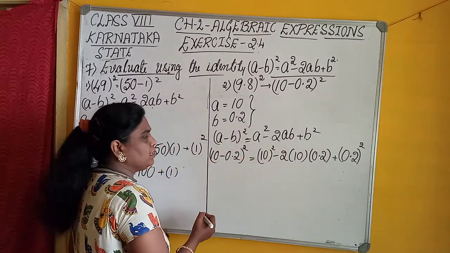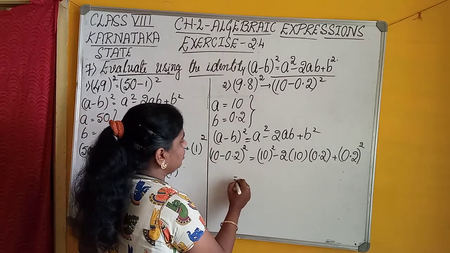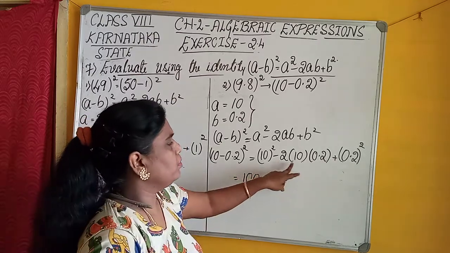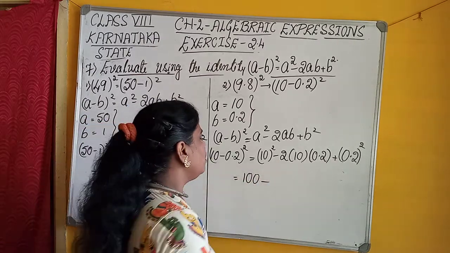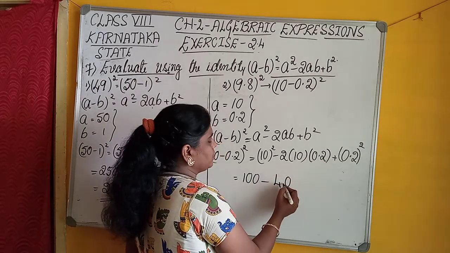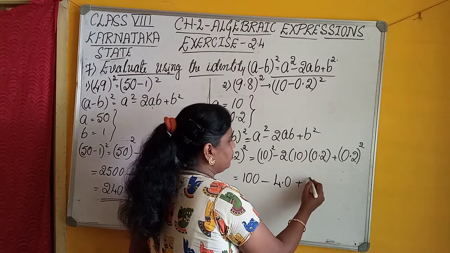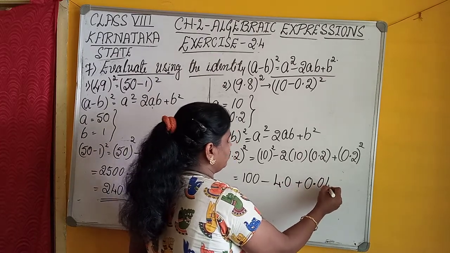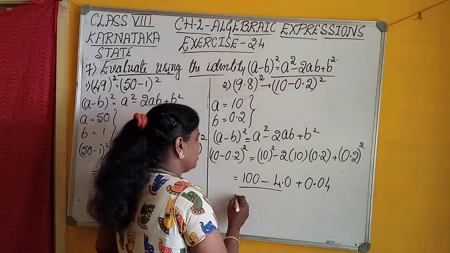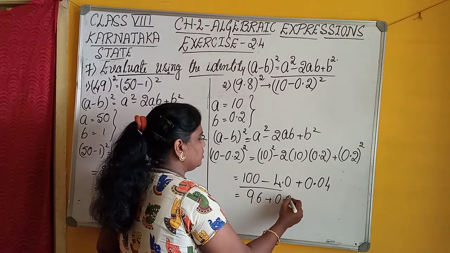Now simplifying this, 10 into 10 is equal to 100. 100 minus 10 2s are 20, 20 2s are 40. 40, but there is a decimal point, therefore 0.4, plus 0.2 into 0.2 is 0.04. That is 100 minus 4 is 96 plus 0.04.